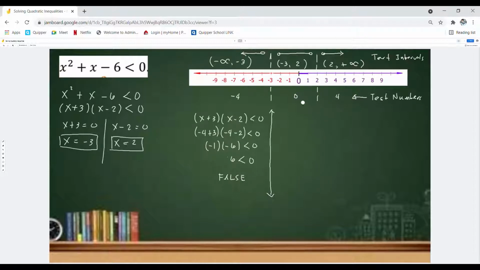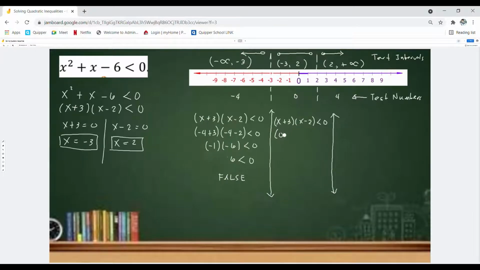Okay, now let's test section 2 with the test point 0. Using the factored form, x plus 3, x minus 2 less than 0. I'm going to substitute 0.